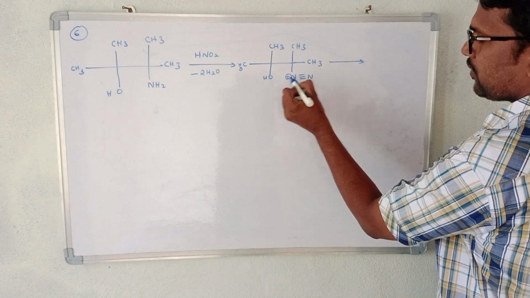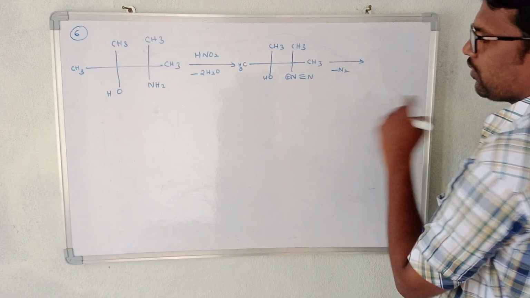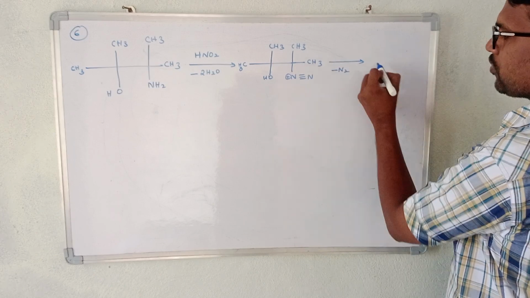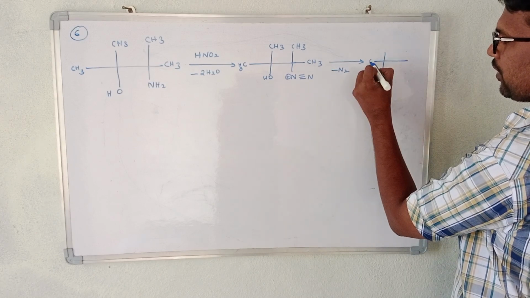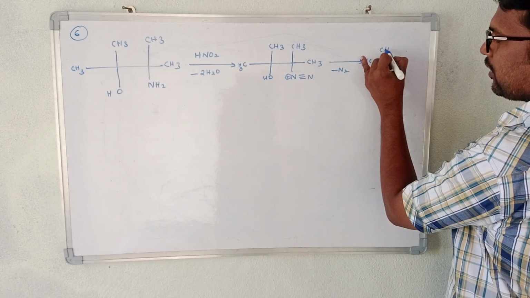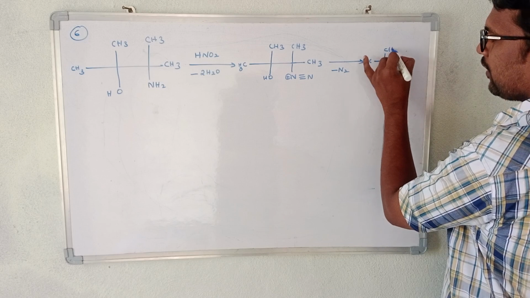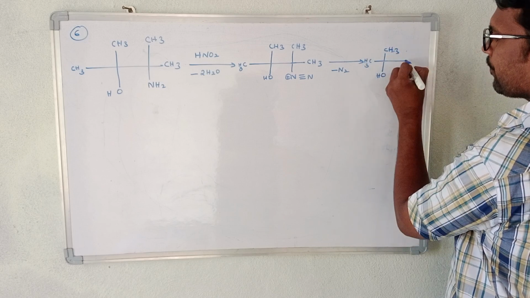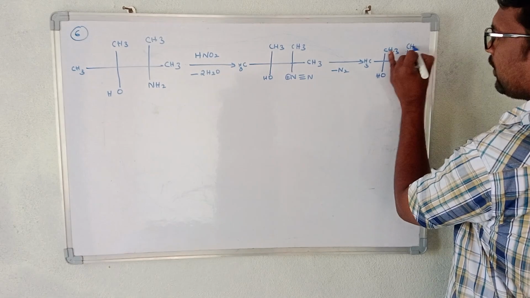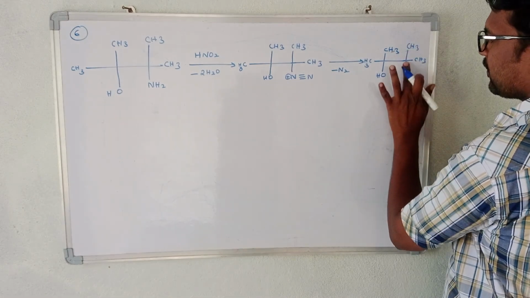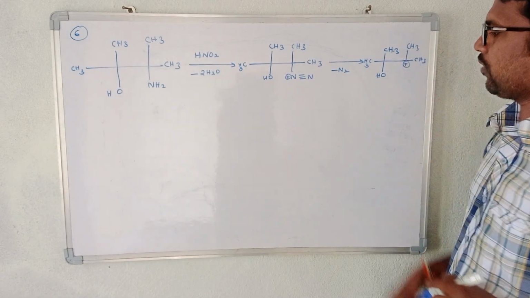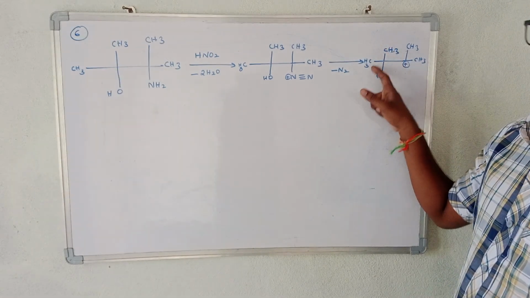After formation of this, N2 nitrogen gas can be eliminated. Now a positive charge is present, with CH3, CH3 OH, CH3 CH3, and in this condition the positive charge is present. Here you see both are CH3 groups.